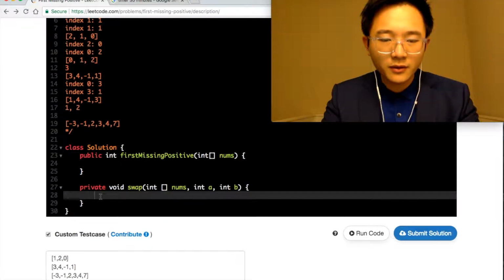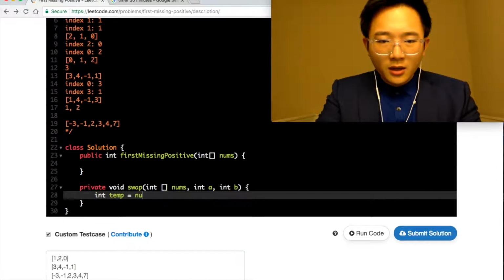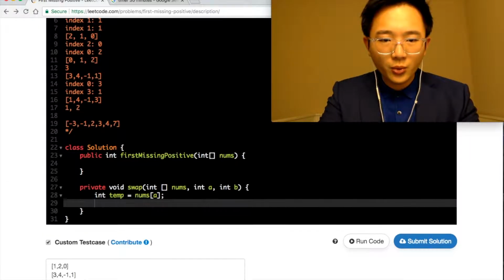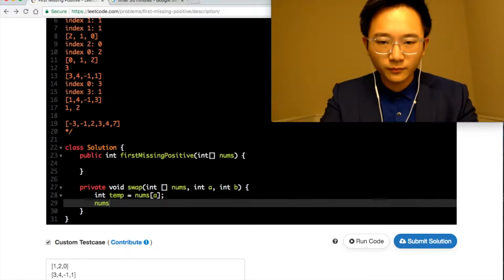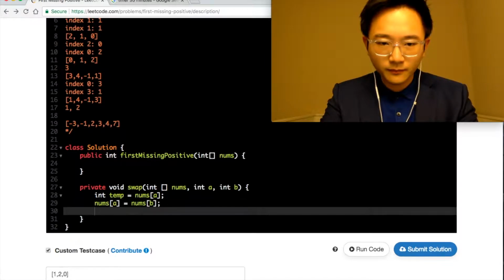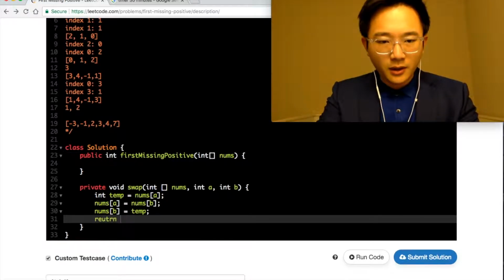Okay, so these are integers. Okay, so and then return.